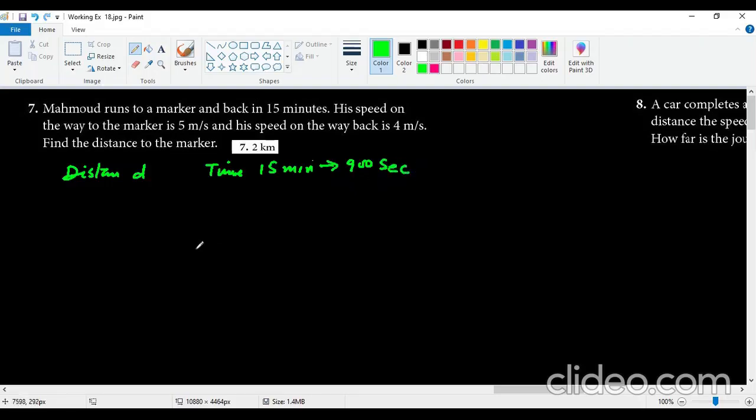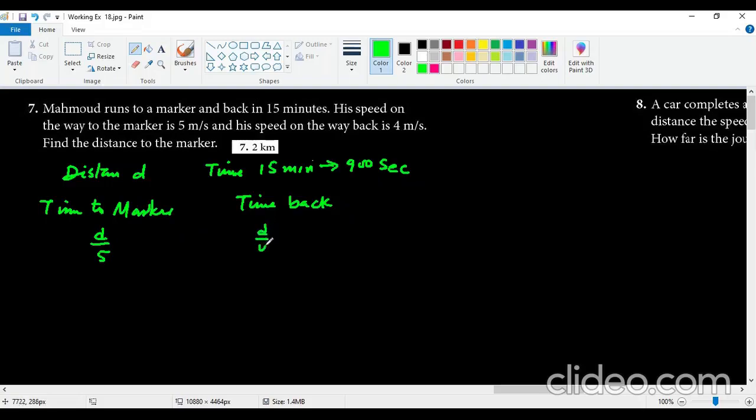Now, when it comes to making the equations, I will write time to marker and time back. So time to the marker is going to be d over 5, and time back is d over 4.